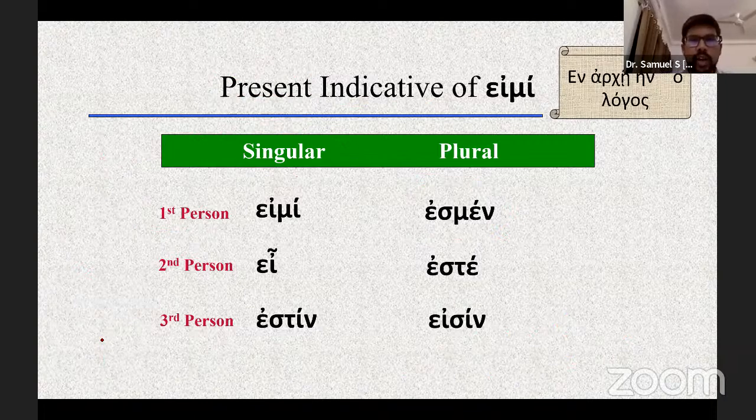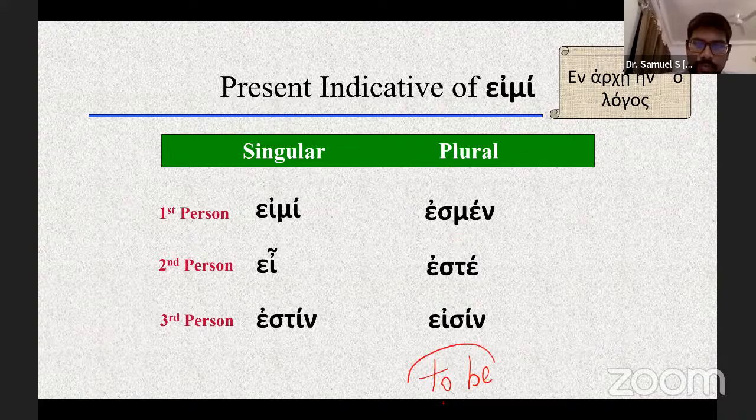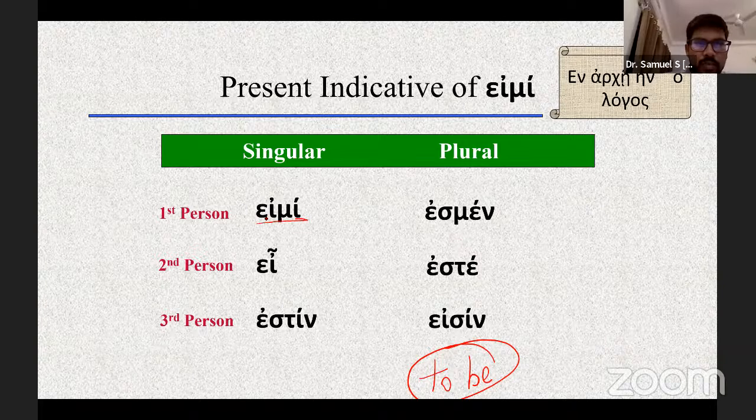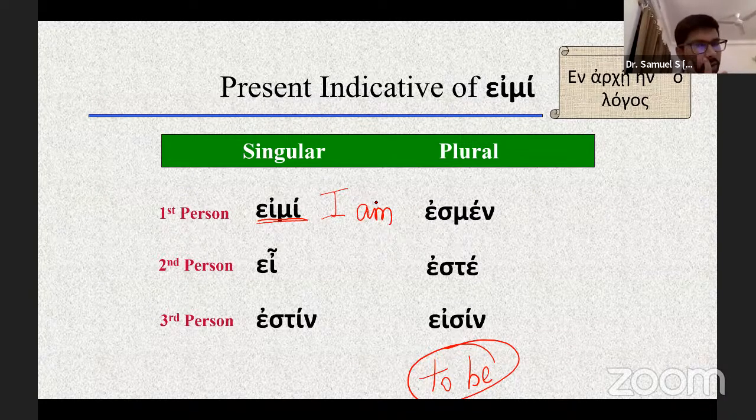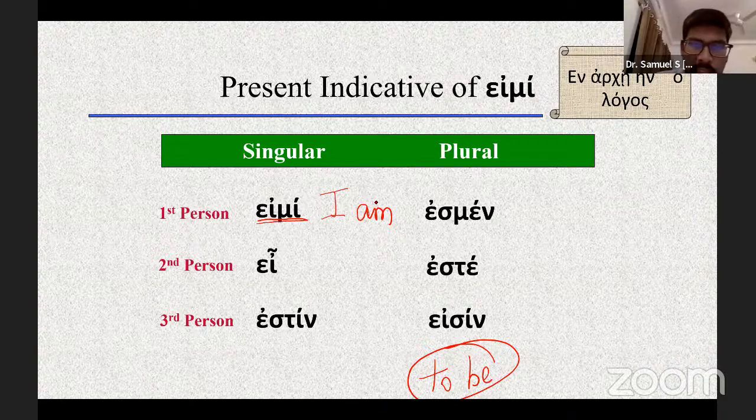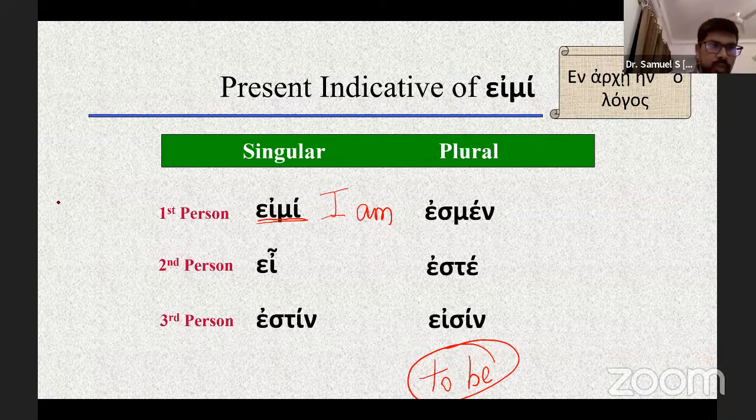So here's our paradigm for the to be verb. First person, singular, eimi, which would be translated, I am. So in those very famous seven sayings of Christ in John, where he asserts himself as I am, this is what you see. You see ego eimi, I am.